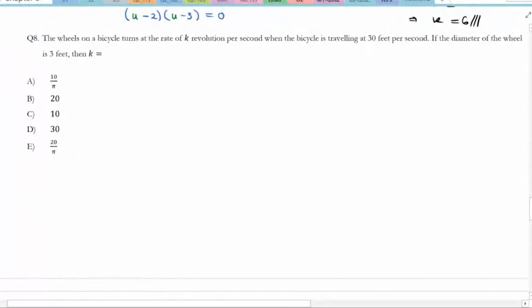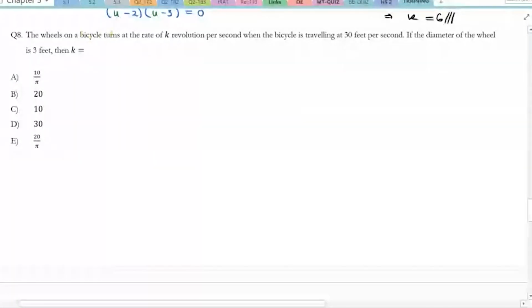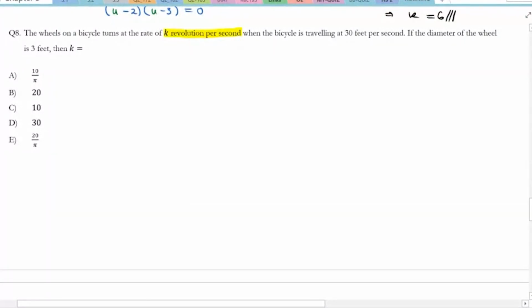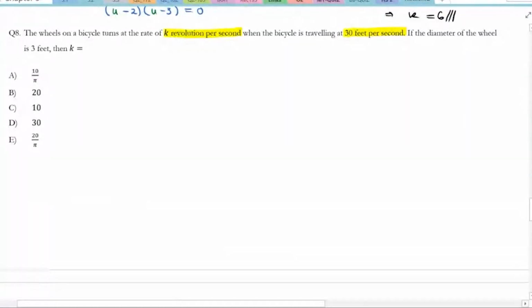Okay, let us look at number 8, gentlemen. Here the question says the wheel on a bicycle turns at k revolutions per second when the bicycle is traveling at 30 feet per second.